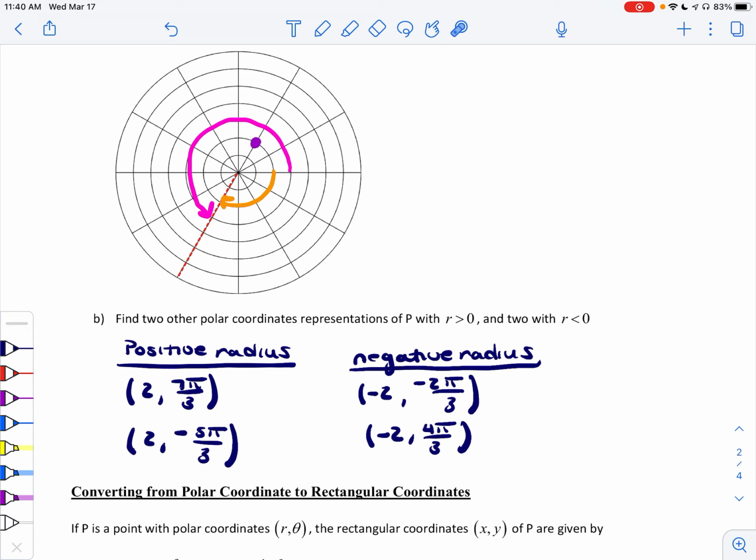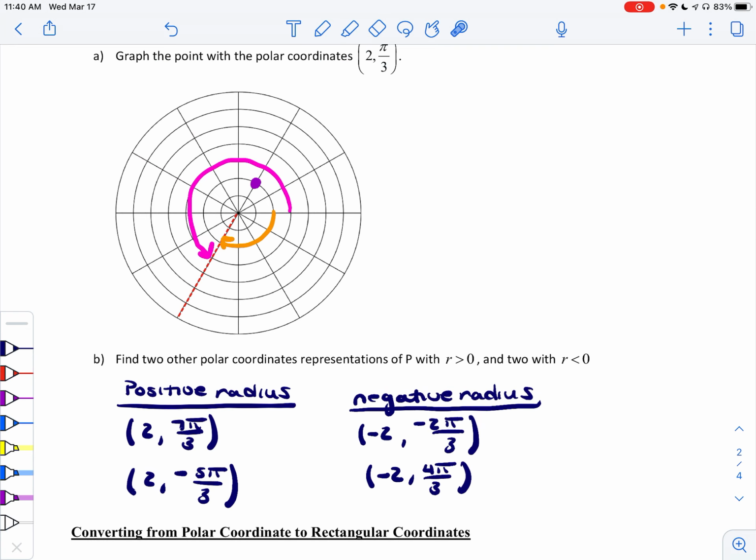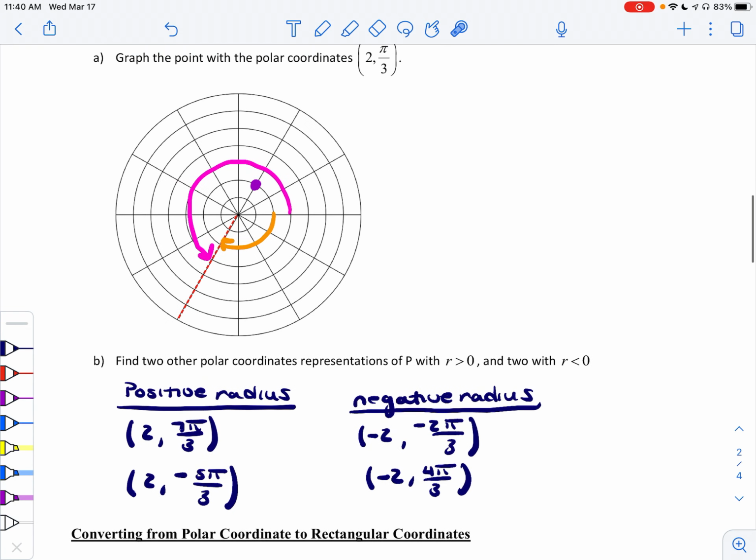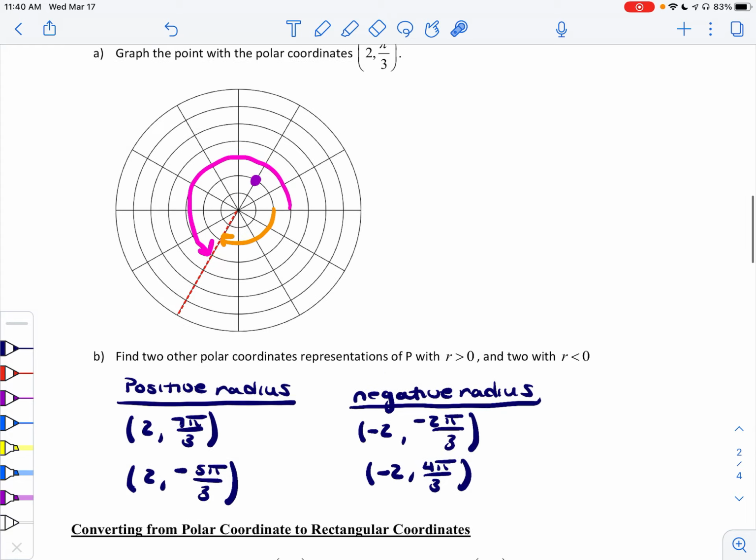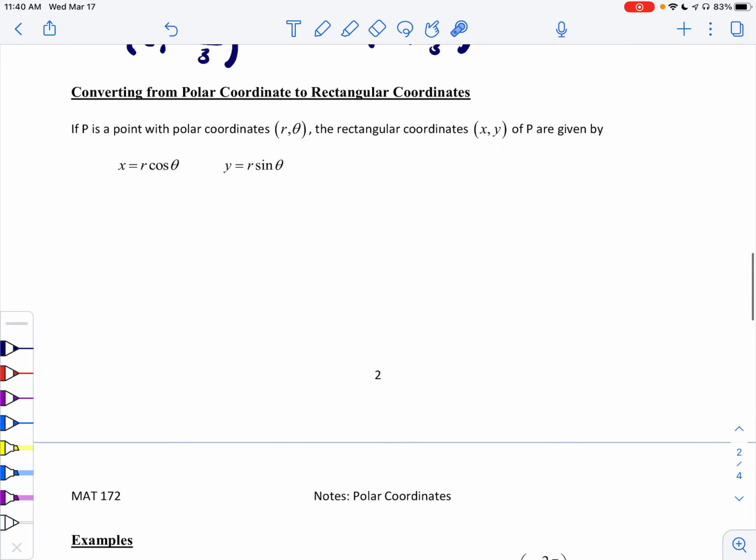Now there are other ways to write the same point. We could keep going around our unit circle again. You could add another 2 pi or you could subtract another 2 pi, but these are a few examples of different ways that we can write these polar coordinates.